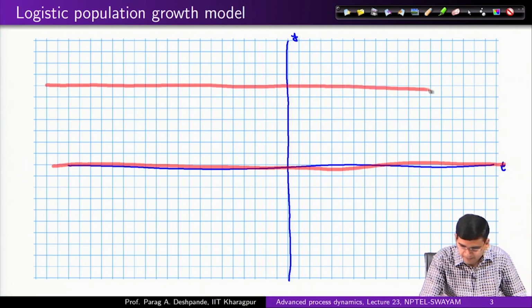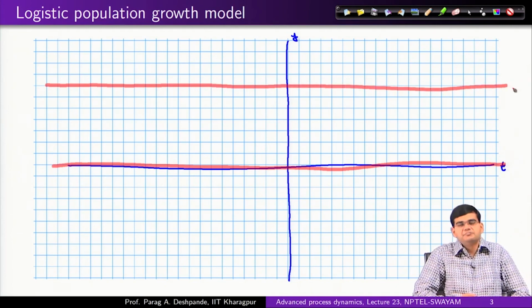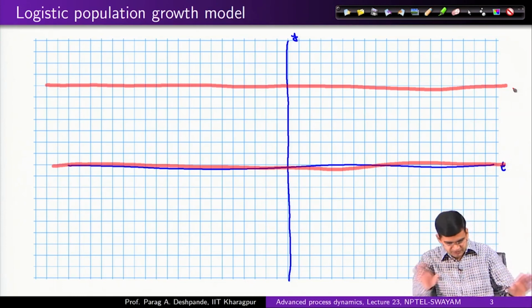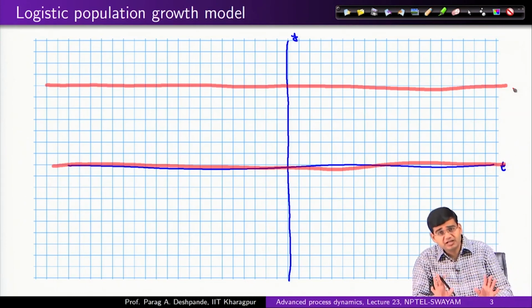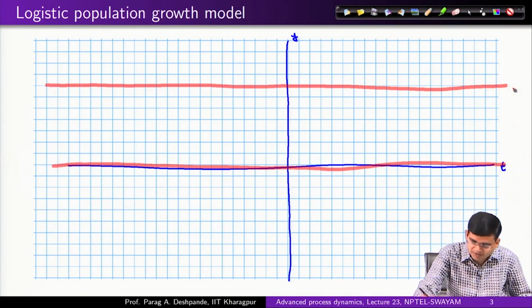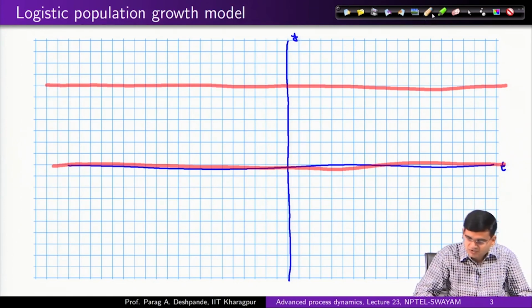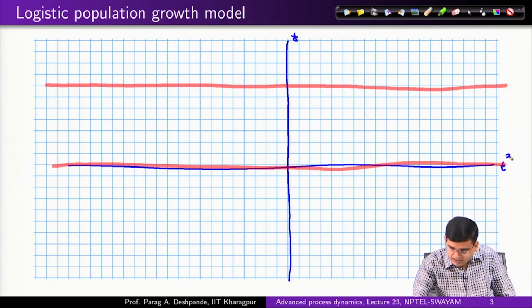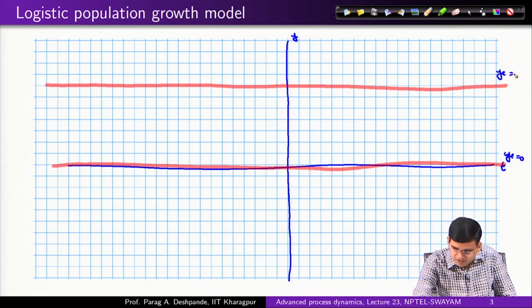Let me emphasize that I am drawing this complete phase portrait for the sake of mathematical completeness, so that you can appreciate that everything is in place. Mathematically, there is no problem. Physically, you have to worry in this particular problem only about the first quadrant. So, now y e is equal to 0, y e is equal to 1.